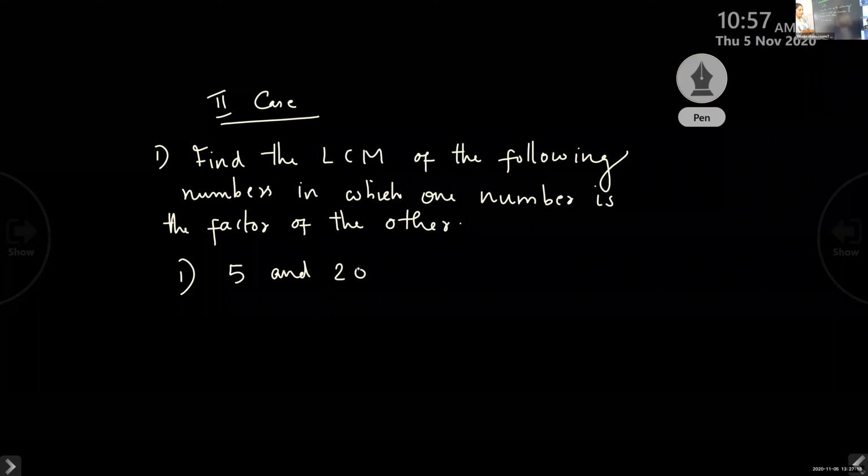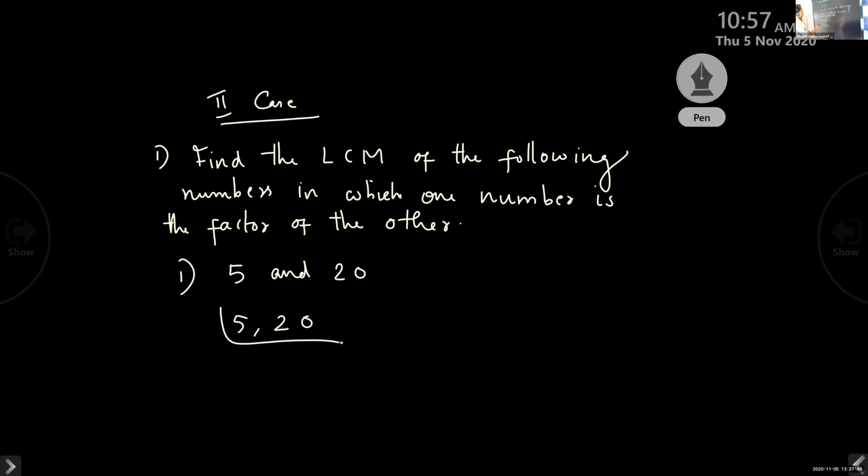So 5 into 4 is 20. That is why in the question it is given: find the LCM of the following numbers in which one number is the factor of the other. That means when you multiply the small number with any other number, you will get that big number, 5 into 4. Clear? Now we will find the LCM and check what is the speciality in this.